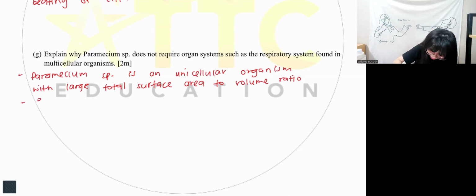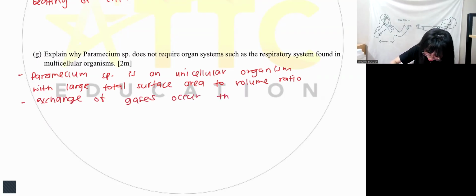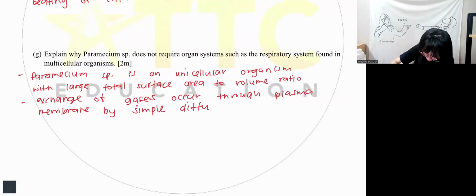Next, we're going to say exchange of gases occurs through plasma membrane by simple diffusion. Or you can say it occurs through any part of the body by simple diffusion also can. As long as they don't need to have any transport organ.